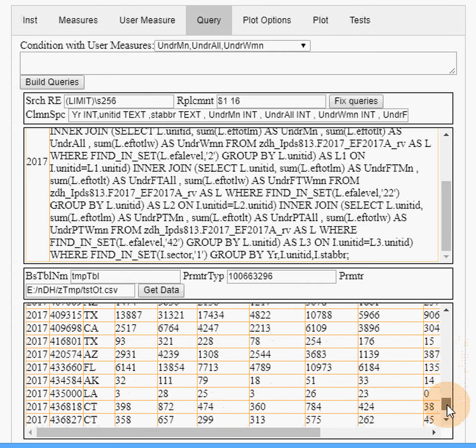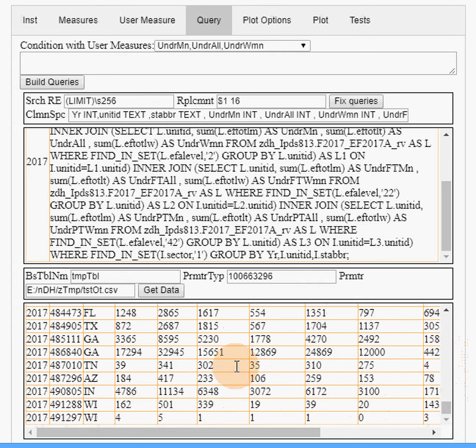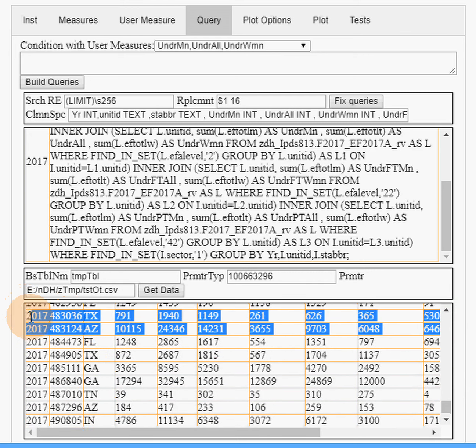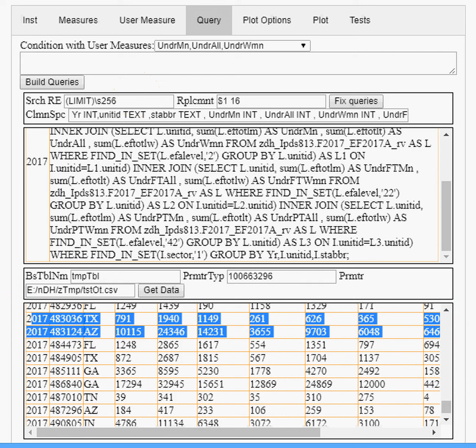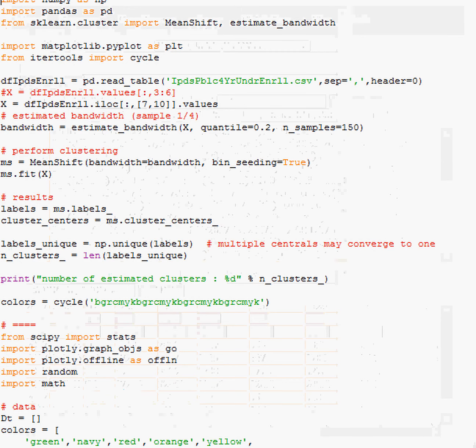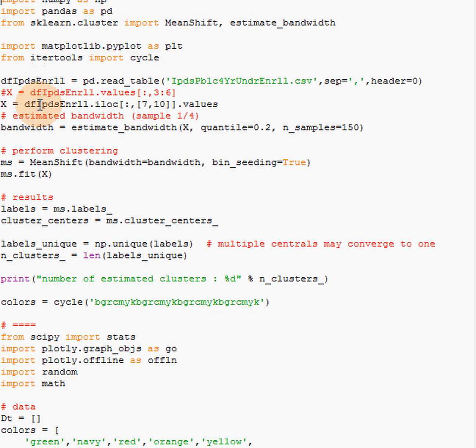Once we get the data, we can select all of them and put it in a CSV file. Once we have the CSV file, we can read it in and process it.